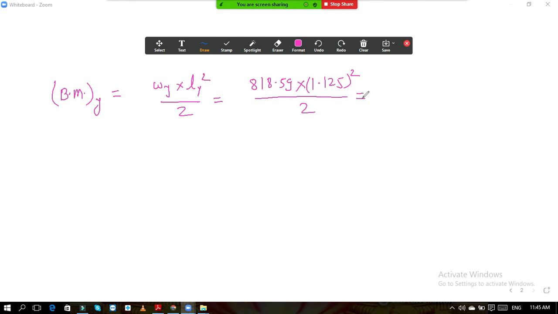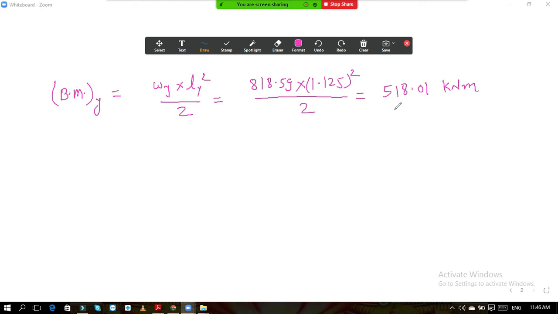If we solve this, you will get the value 518.01 kilonewton meter. So this is your bending moment in y direction. This is your ultimate bending moment, because we have considered the ultimate intensity.